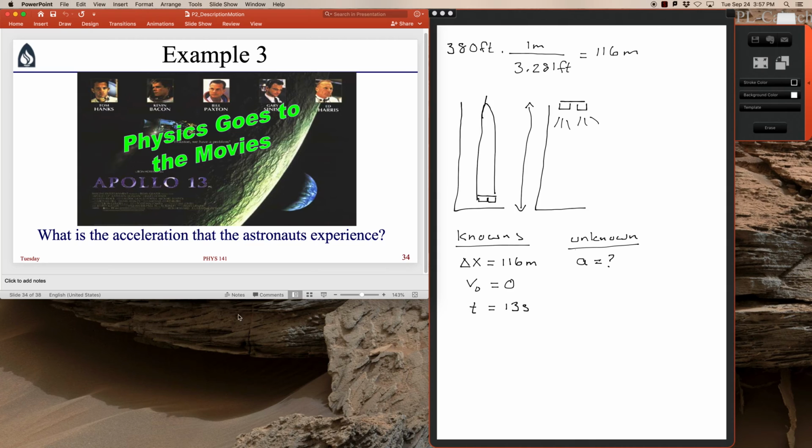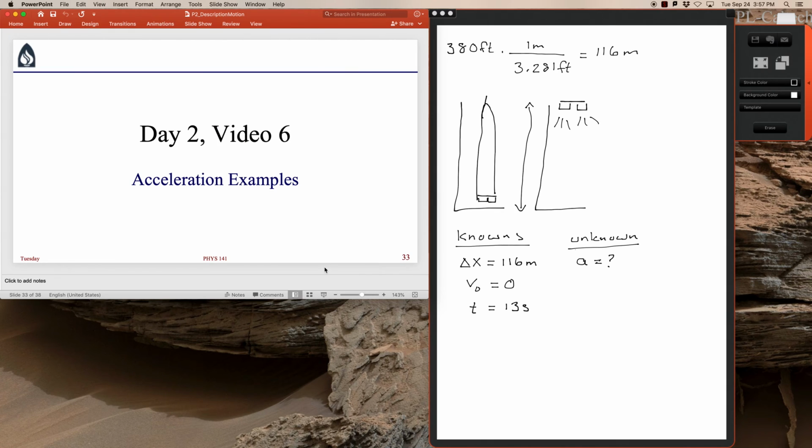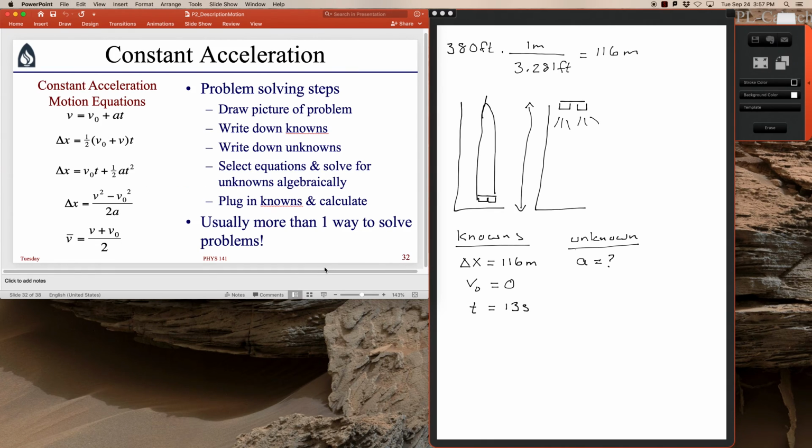So if we go back to our slides and we look at our constant acceleration equations, we want to use a constant acceleration equation that has a change in position in it, maybe, of initial velocity, time, and an acceleration.